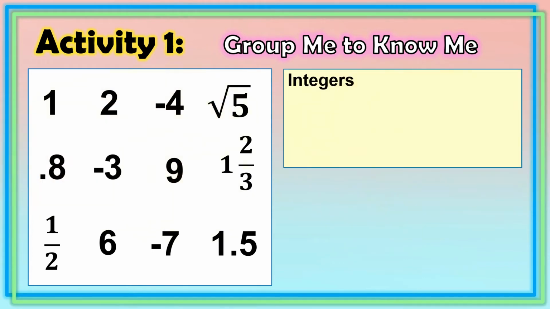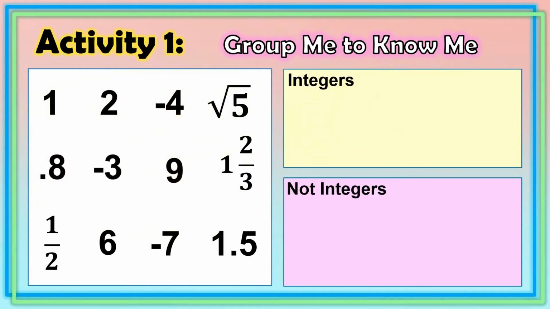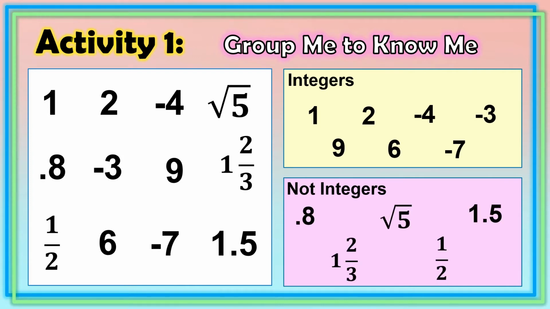Gugrupo natin siya as integers and non-integers. Sa integers, nandito ang 1, 2, -4, -3, 9, 6, and -7. Sa non-integers, nandito ang 0.8, square root of 5, 1.5, 1 and 2/3, and 1/2.